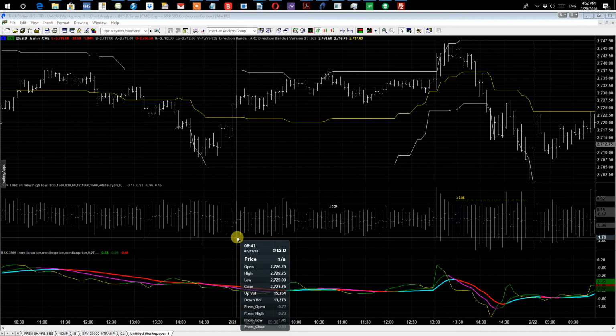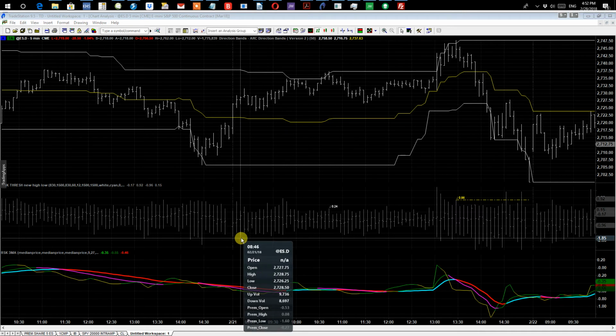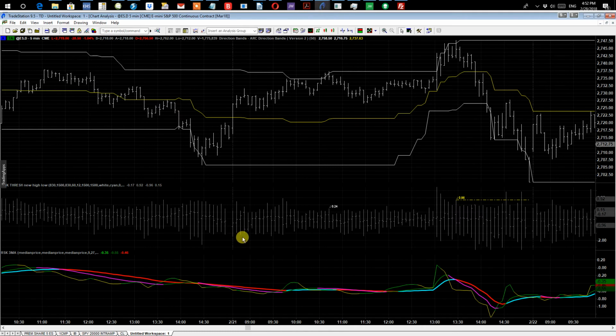Higher high, higher low, lower high, lower low than the previous bar. So that's that little divergence there. That shouldn't be happening. This should be a higher low as well as maybe a slightly lower high, because of course we haven't gone in there.